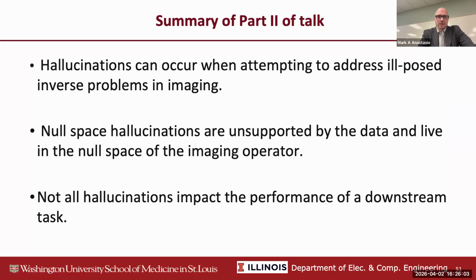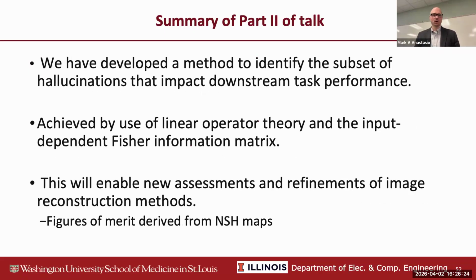So let me summarize this part of the talk. We reviewed that hallucinations can occur when attempting to address ill-posed inverse problems in imaging. Null space hallucinations are unsupported by the data, and by definition, they reside in the null space of the forward operator. Not all hallucinations are going to impact the performance of a downstream task. Some will, some won't.